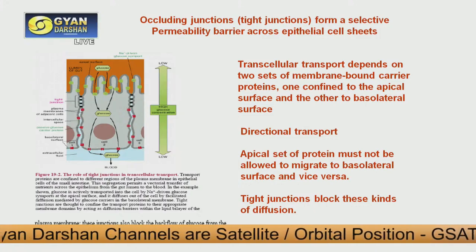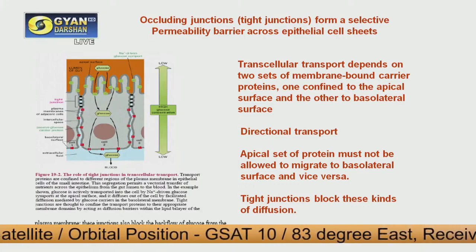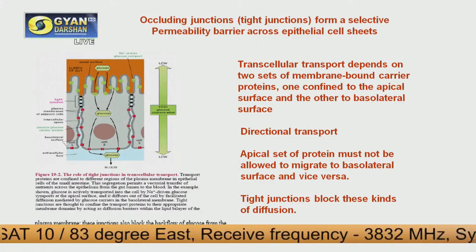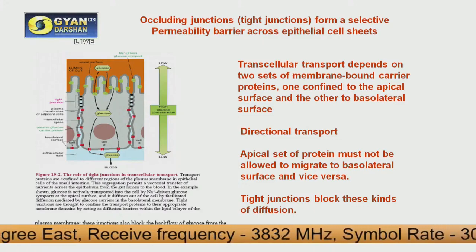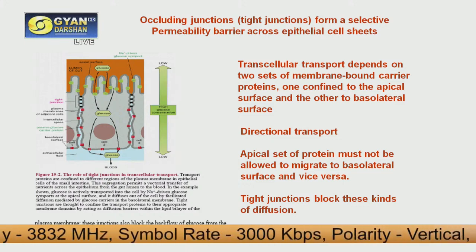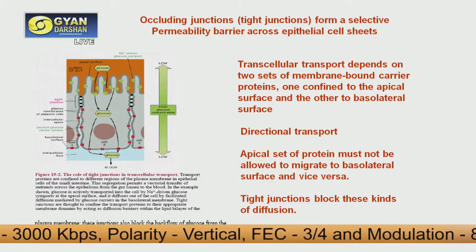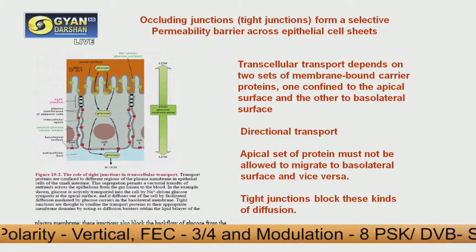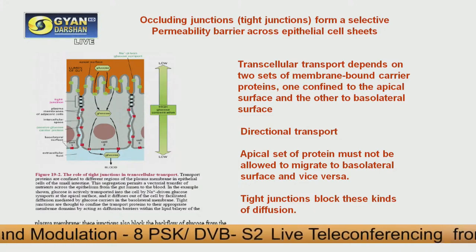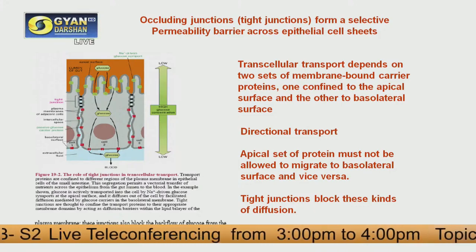The proteins which are present in the apical surface and the proteins which are present in the basolateral surface are very unique. So the proteins which are present in the apical surface of the intestine, let's say small intestine, should not get translocated to the basolateral surface. Similarly, the proteins which are present in the basolateral surface should not come to the apical surface.